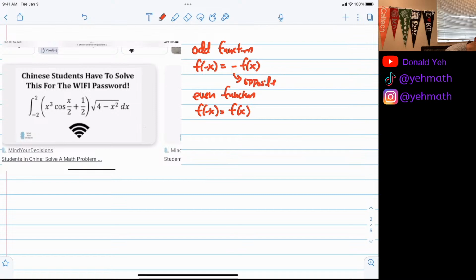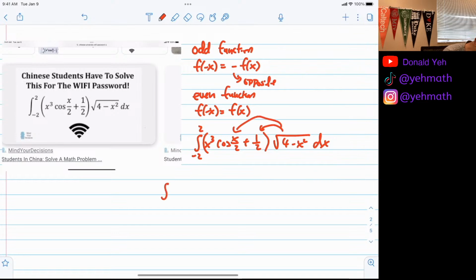Now, the question says the integral from -2 to 2 of x cubed cosine of x over 2 plus 1/2 distributed to the square root of 4 minus x squared dx. Now, I say this is one term, and this can distribute backwards.